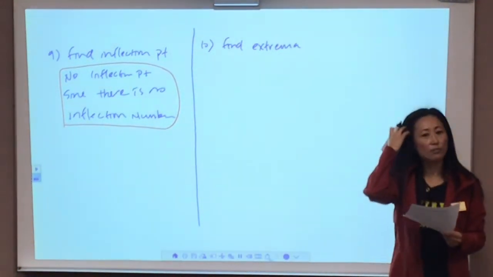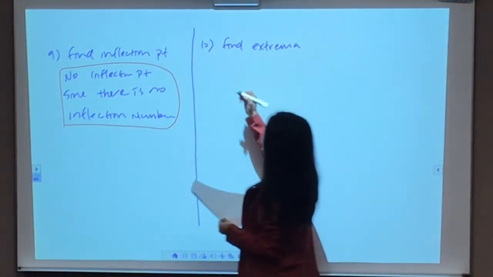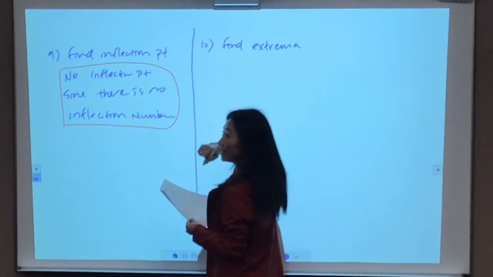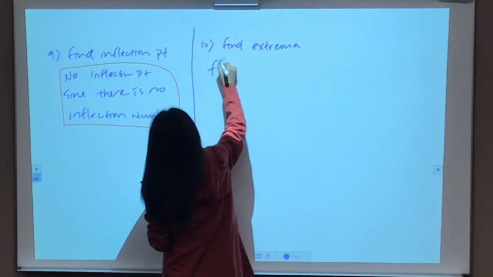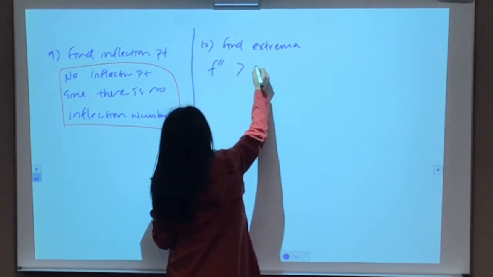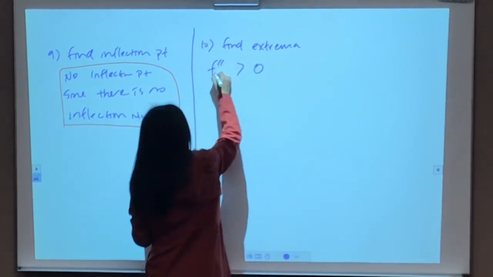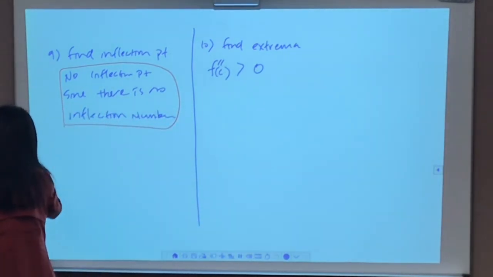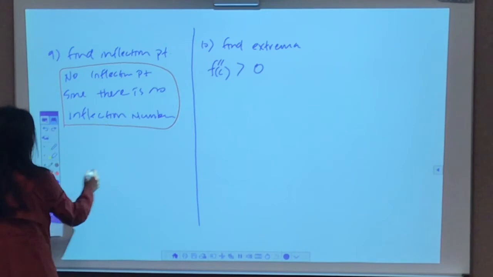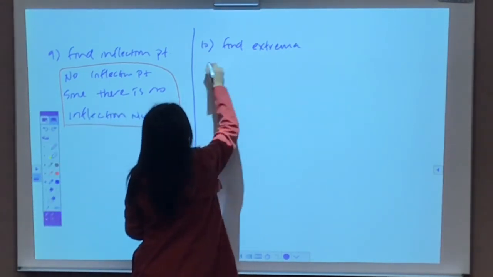Okay, let's make sure that you understand. So you get a first derivative. So if the second derivative is, when you plug in the critical number, let me make sure that I write that right.